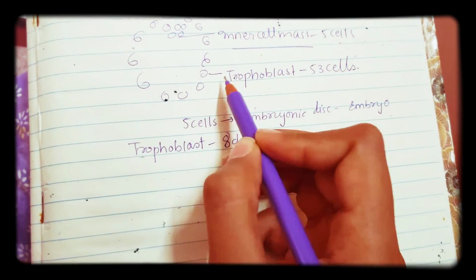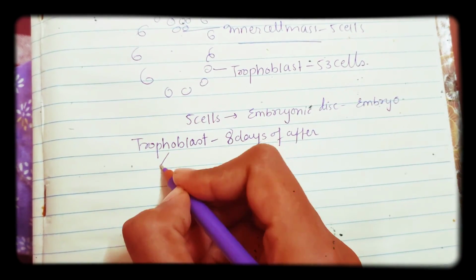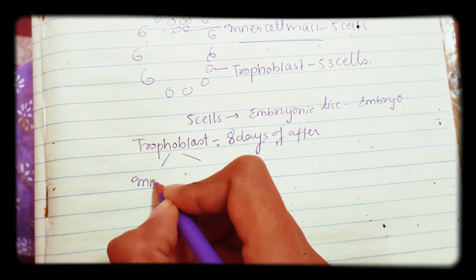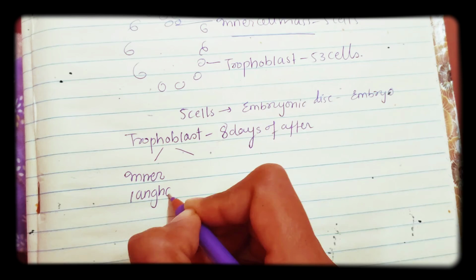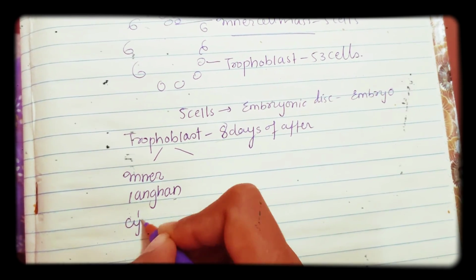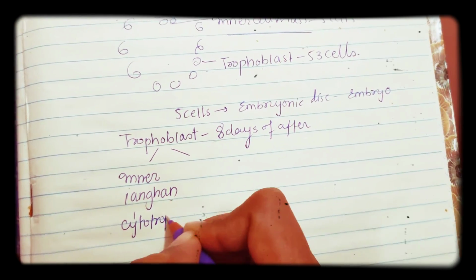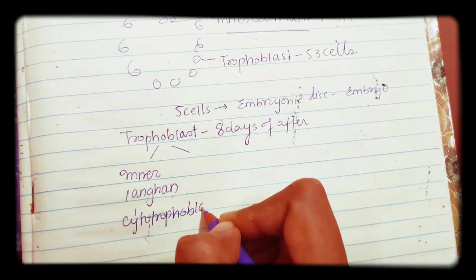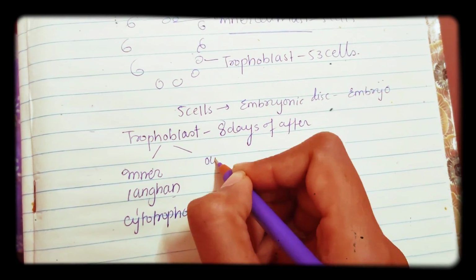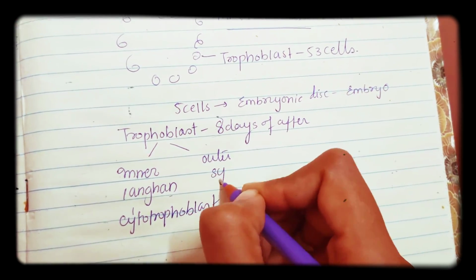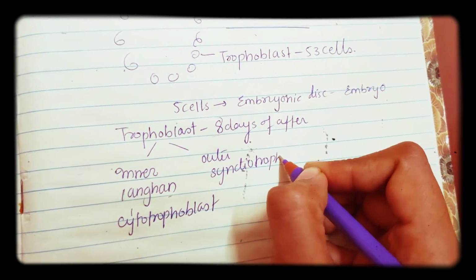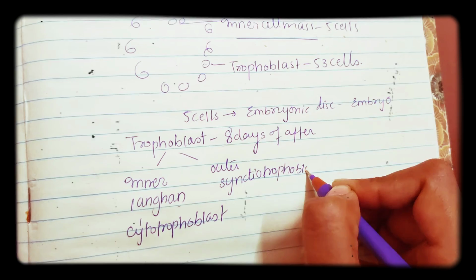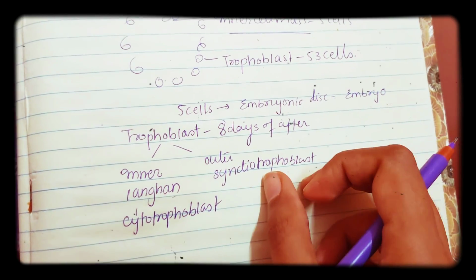This outer layer will start dividing, and it will form an inner layer, also called the Langhans layer, that is the cytotrophoblast, and an outer layer called the syncytiotrophoblast, or multinucleated trophoblast. Okay, multinucleated syncytium.